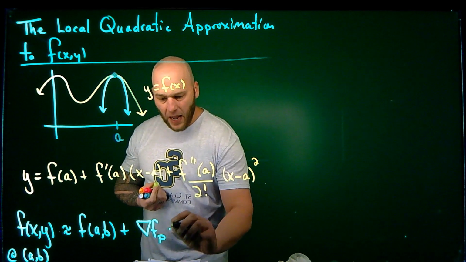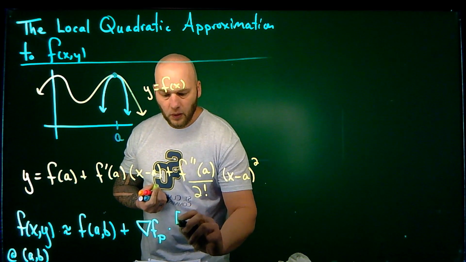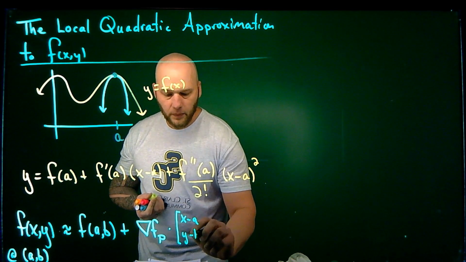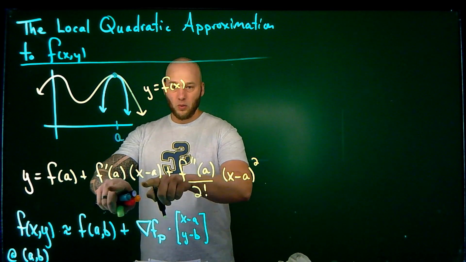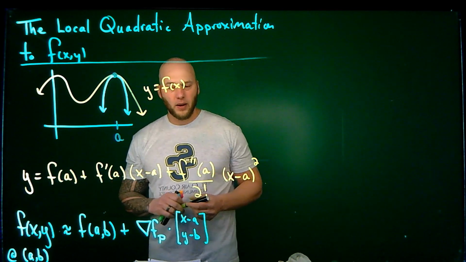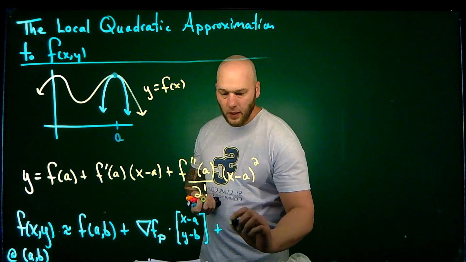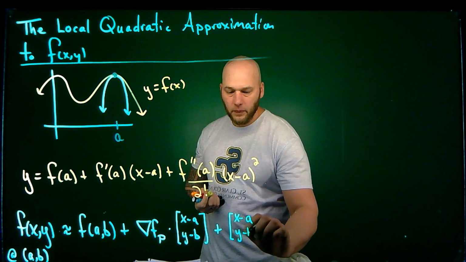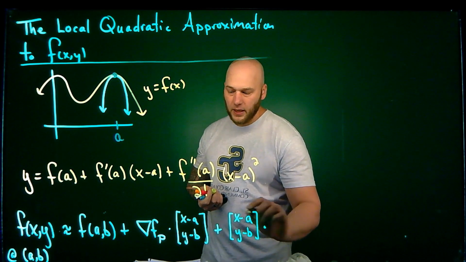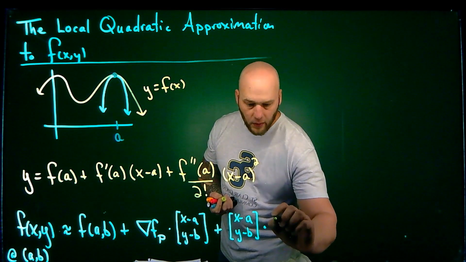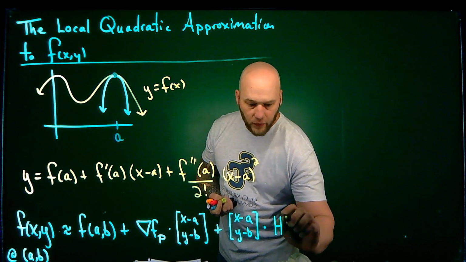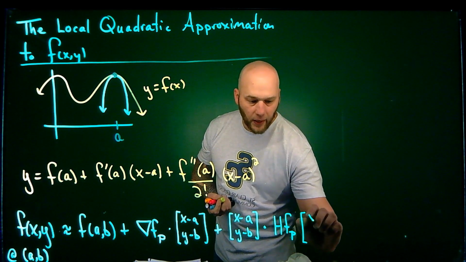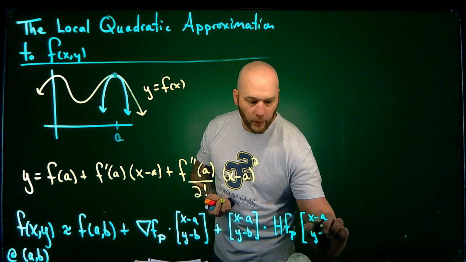And then I'm going to take the dot product of that with, I'll write this as a column vector, x minus a, y minus b. This plays the role of this part right here. I'll match these up after I finish this. Plus, I'm going to have a column vector, x minus a, y minus b, and then I'm going to take the dot product with the product of the Hessian of the function evaluated at p multiplied by x minus a, y minus b.